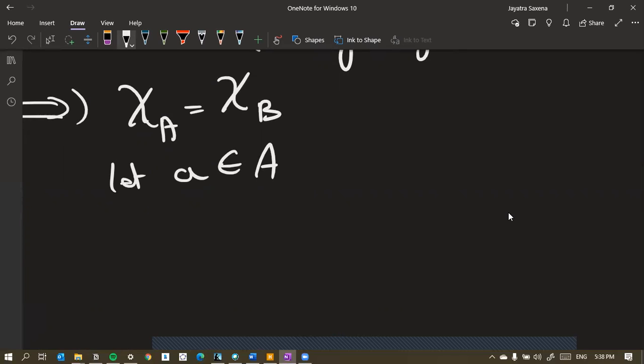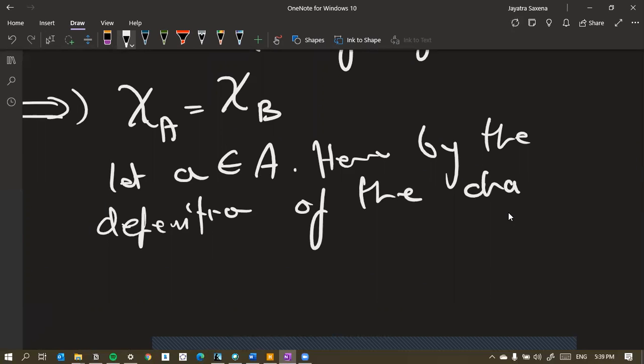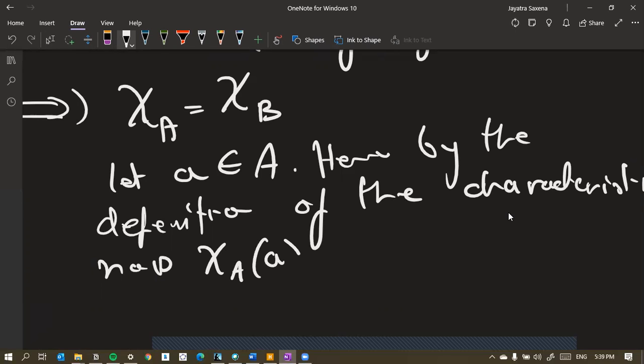We know that this is in A, so hence, by the definition of the characteristic map, X_A of a is equal to 1.